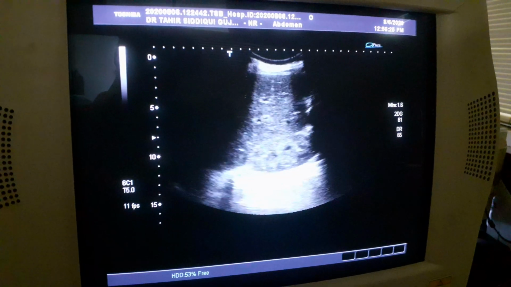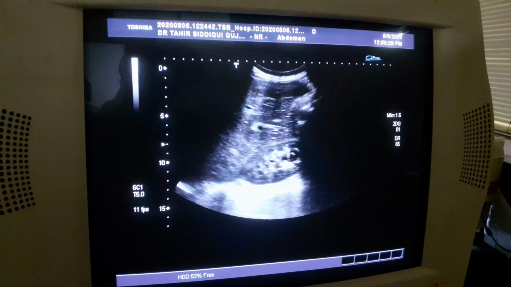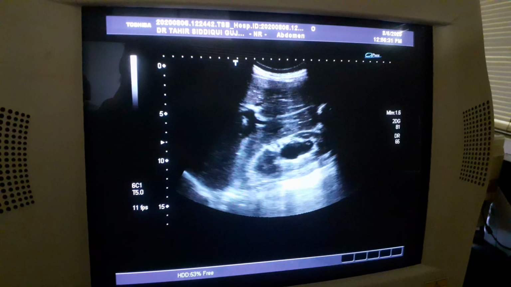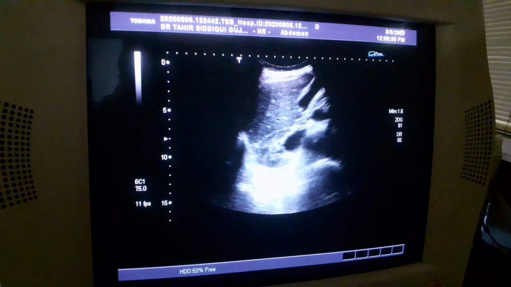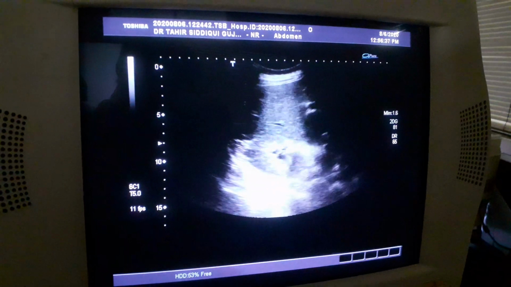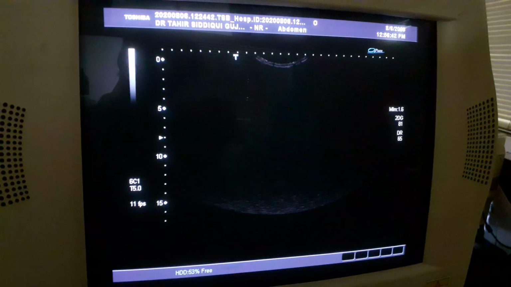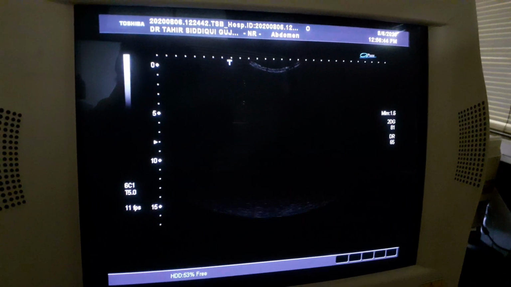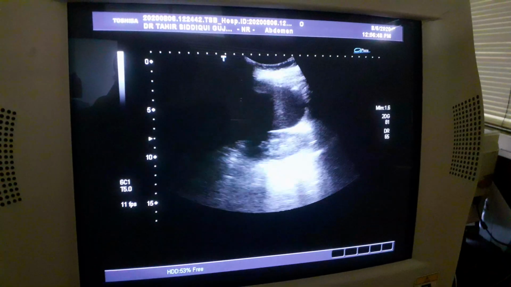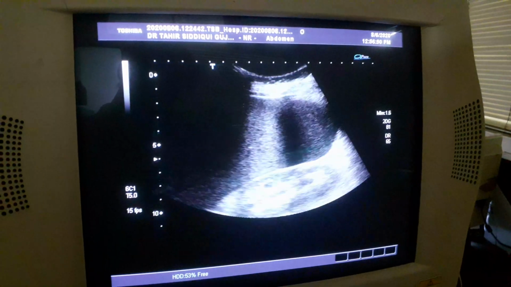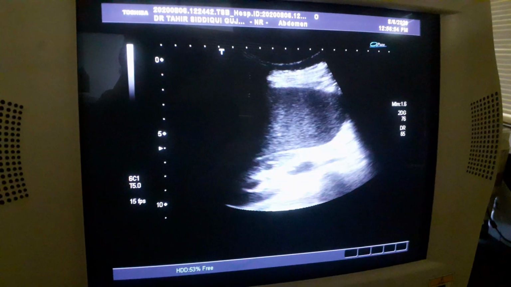Both kidneys are in fact normal. No small mass effect is seen on this right kidney, but we do see dilation of all the calyces on the right side, and left is also showing mild hydronephrosis, possibly because of the mass effect.